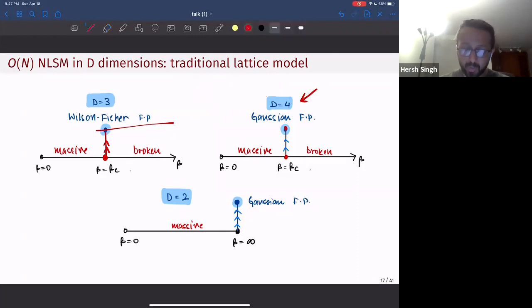Okay. So here the main point that I wanted to make was that this model, the traditional lattice model, in D equals 3 and 4 is also interesting, has been studied and has a continuum limit.